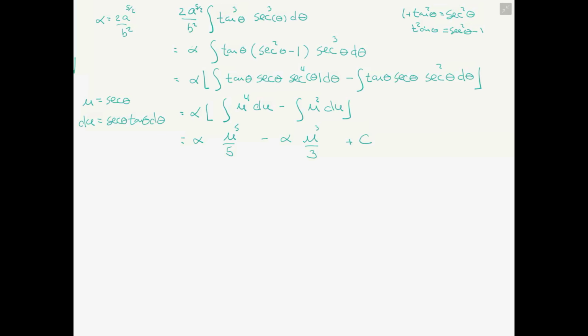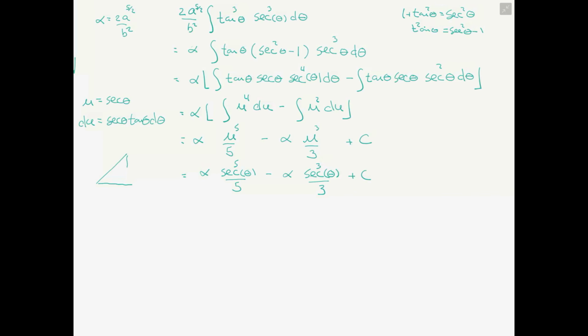So now everything is copacetic. We just go back to our original variables. So here we've got alpha secant to the fifth theta on 5 minus alpha secant to the third theta on 3 plus c.